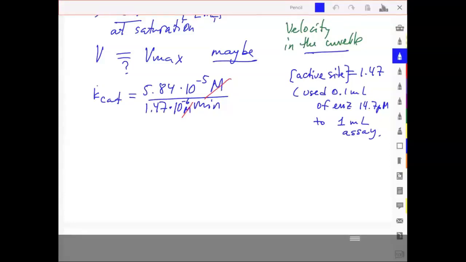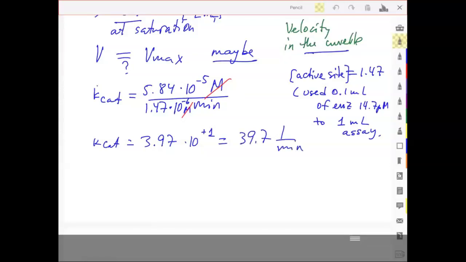And our answer, kcat, is going to be 3.97 times 10 to the minus, actually when the 10 to the minus 6 goes to the top, it's just 10 to the 1. 39.7 per minute.